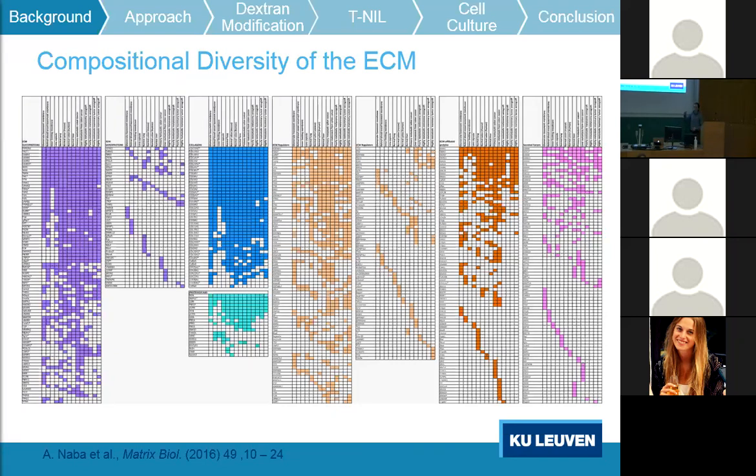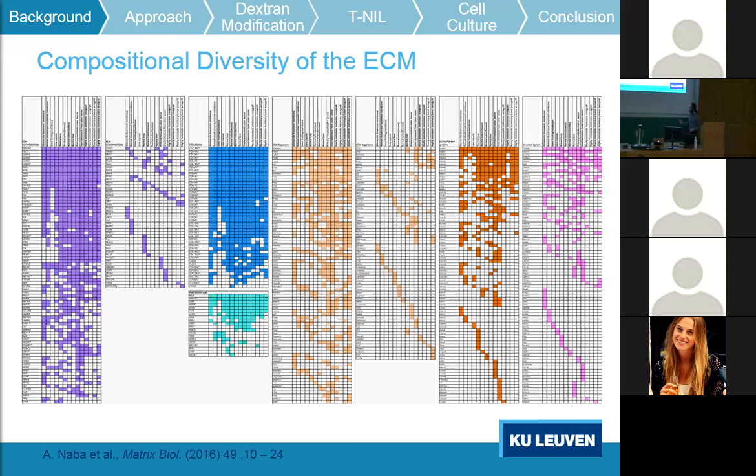And if a box is colored in, the component exists in that tissue. So what you can see here is not only is the environment very compositionally diverse, but depending on what kind of tissue you look at, and depending on even the age of a tissue, any history of injury or disease in the tissue, this composition can vary to quite a large extent.